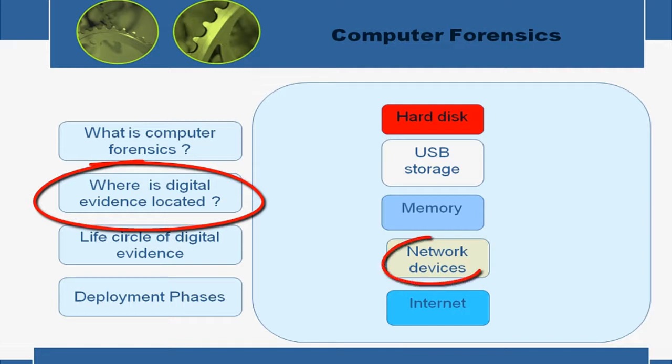Now, network devices would be devices like the routers, switches, and hardware firewalls. Now, routers as network devices would have digital information that relates to the connection activities of one computer to another within a network.